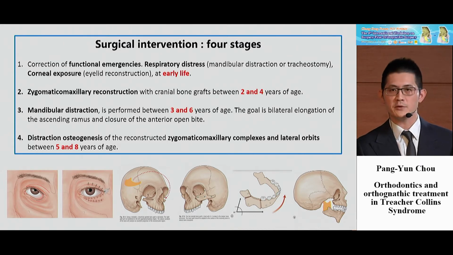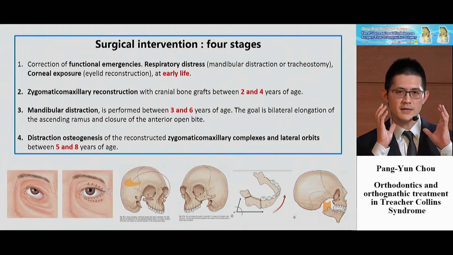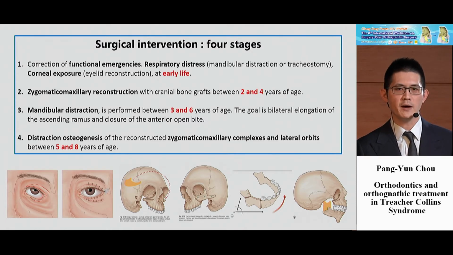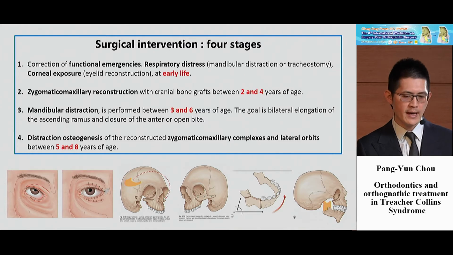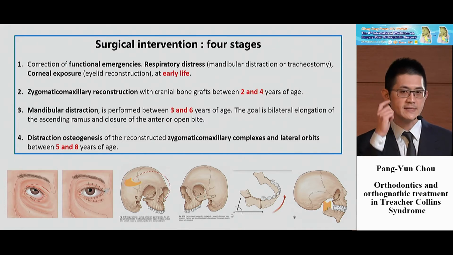Following 2 or 3 years later, mandibular distraction should be organized to have a better lateral profile and reduce the anterior open bite. The goal is to bilaterally elongate the ascending ramus. And finally, distraction osteogenesis should be performed for the ZMC complex.